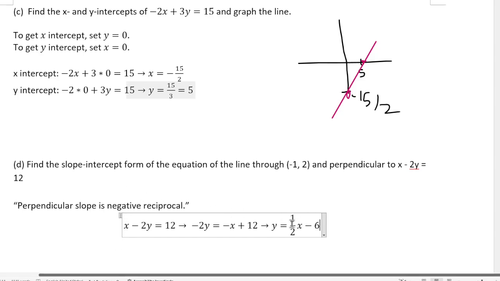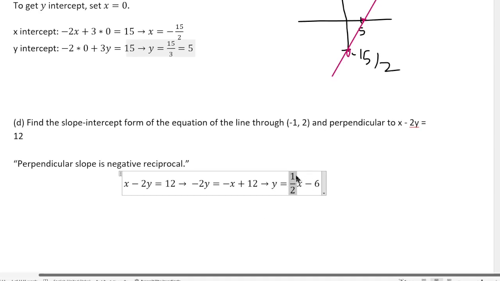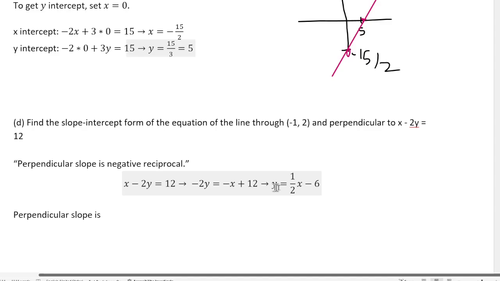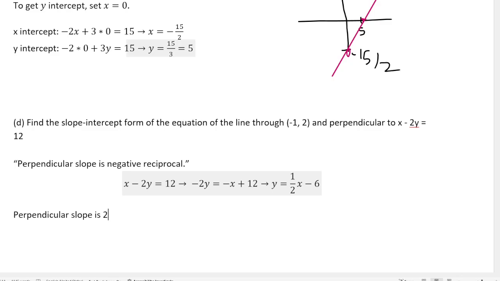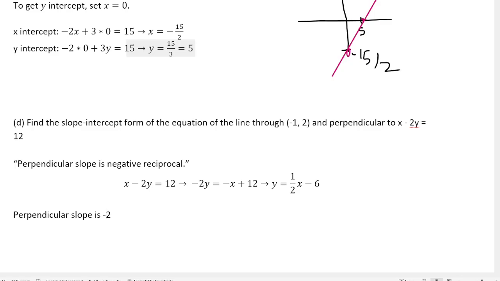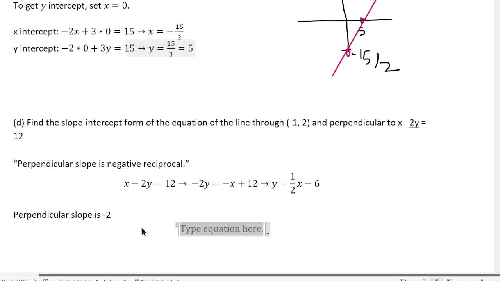So you get 1/2 as your slope, right? What is the reciprocal of 1/2? The reciprocal of 1/2 is positive 2, but then you have to put a negative in front, so the perpendicular slope is negative 2.